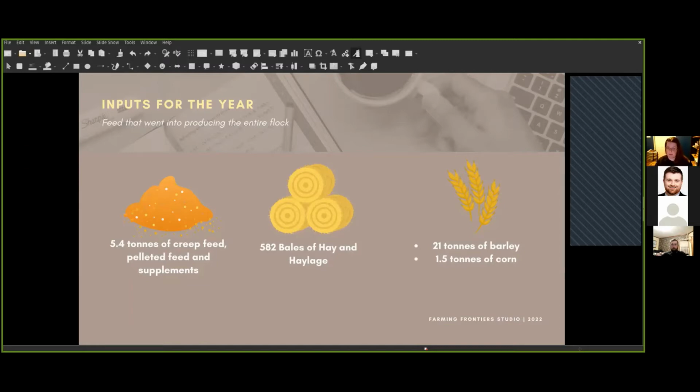And then we feed almost exclusively barley, 21 tons for 2021. And just for top up, because we do an MGA program, we used 1.5 tons of corn. Corn was ridiculously expensive this year compared to barley, and it's hard to get. So we mainly stick with barley because it's much easier for me to order and purchase.